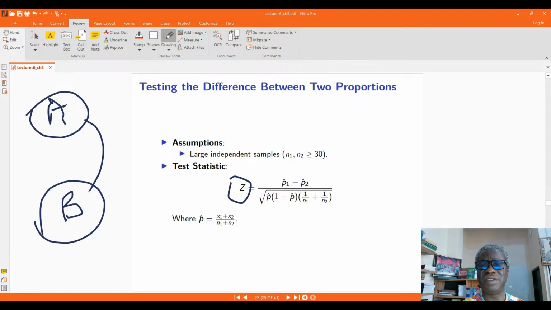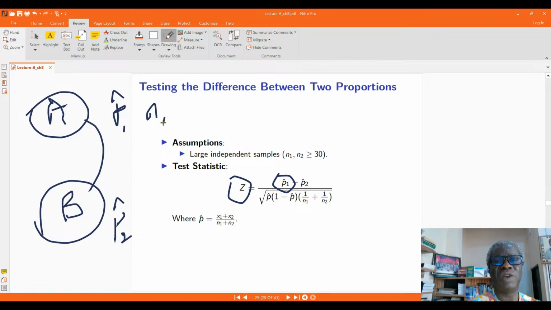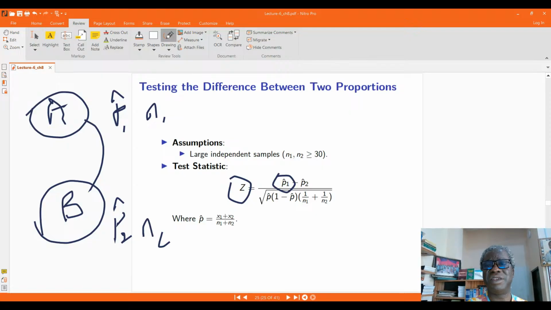So this is your P hat 1, the sample proportion. You also have your other sample proportion. You have your N1 and you also have your N2, and so on.